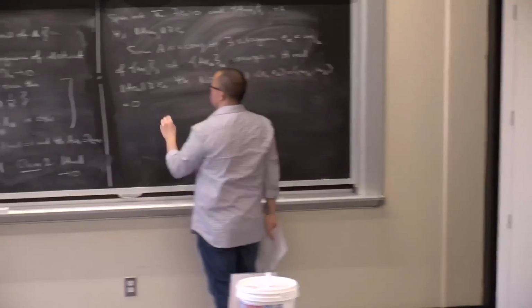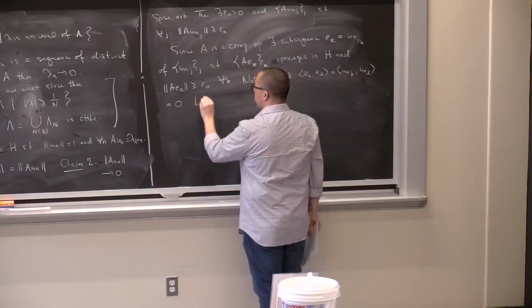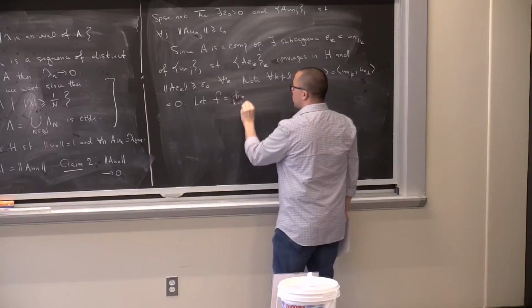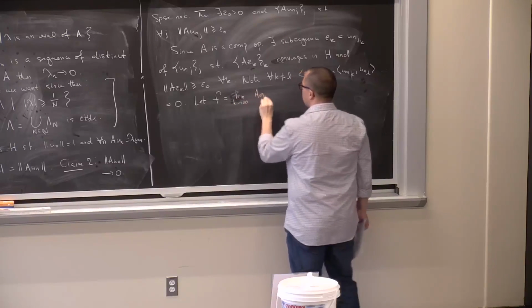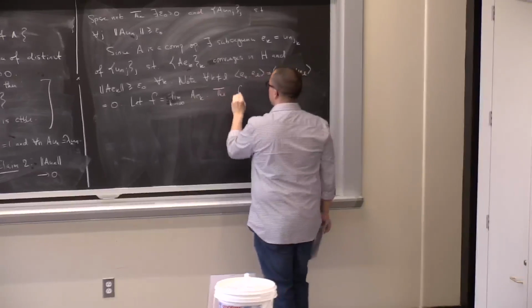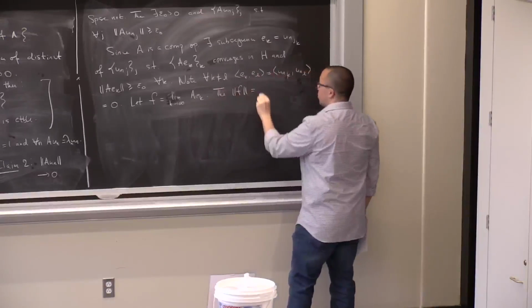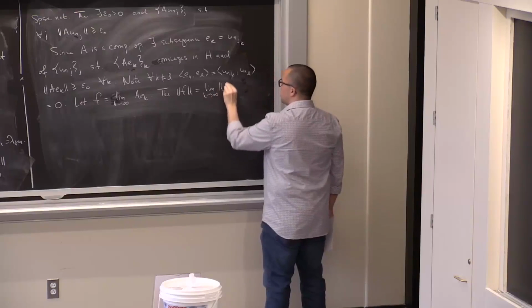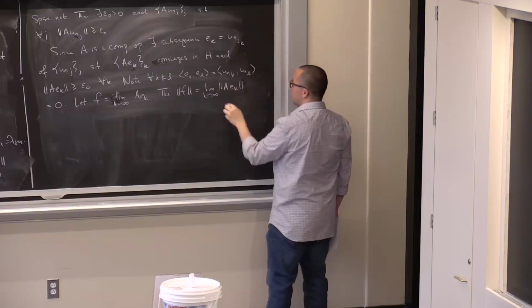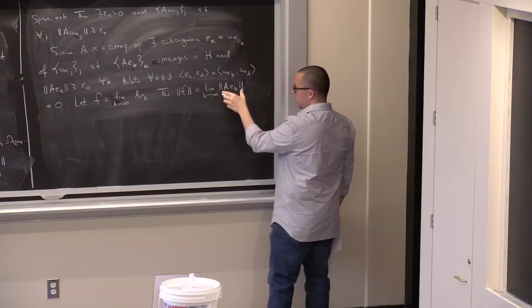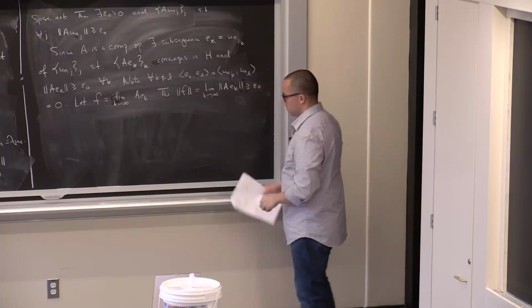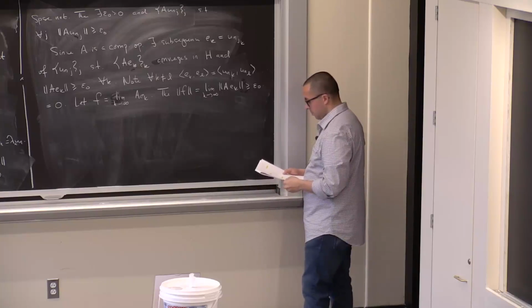And this sequence converges. So let f be the limit as k goes to infinity of A e_k. Then the norm of f, by continuity of the norm, is equal to the limit of the norms of the A e_k's. And all of these are bigger than or equal to epsilon 0. So f is non-zero. Right?